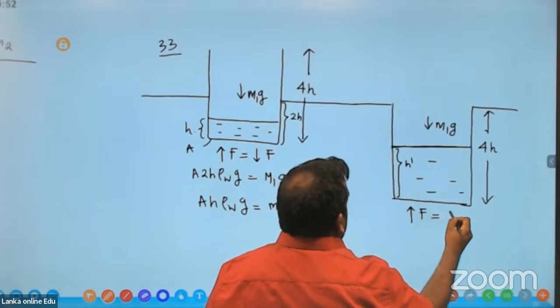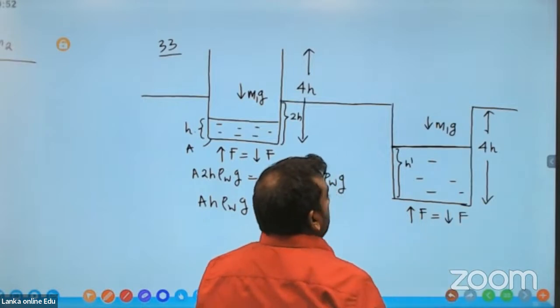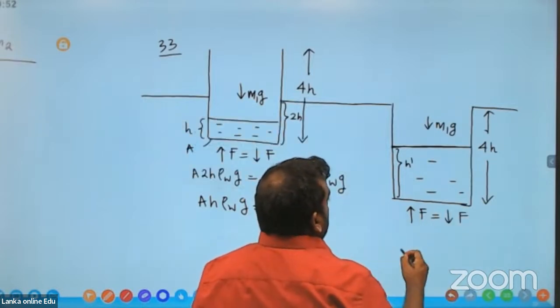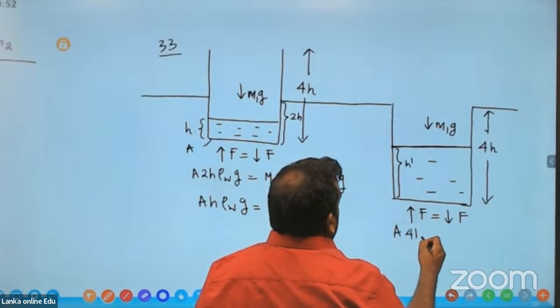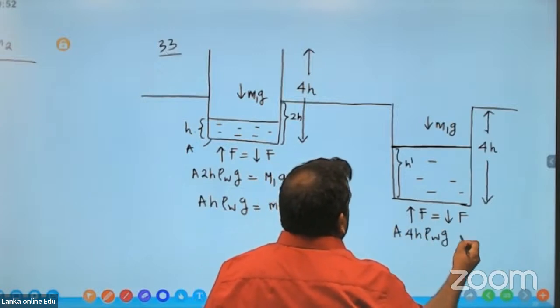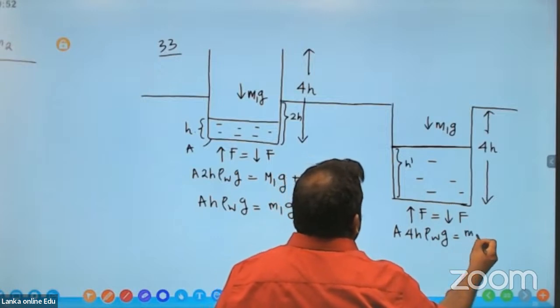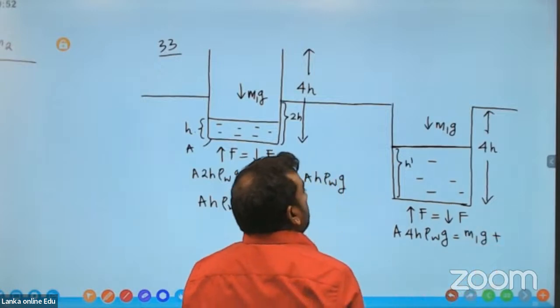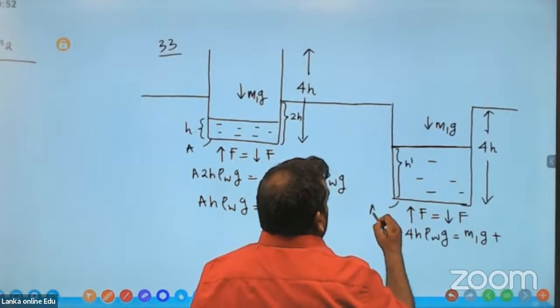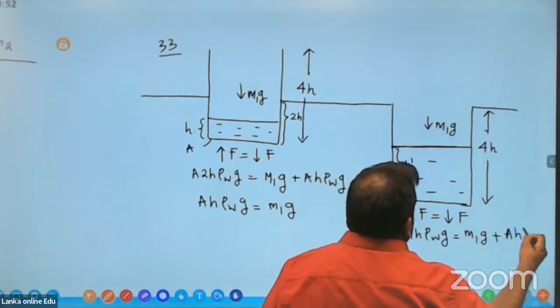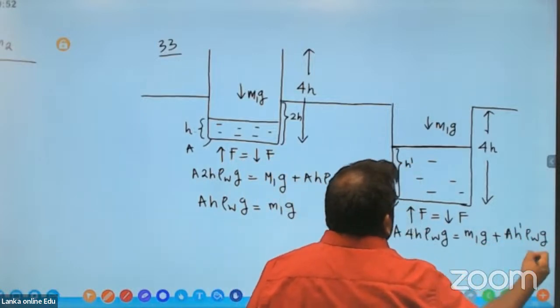Upward forces balance downward forces. Upward force is upthrust, A 4h rho w g. Downward force is the weight M1 g plus A h dash rho w g.